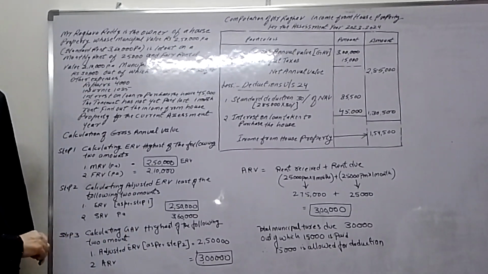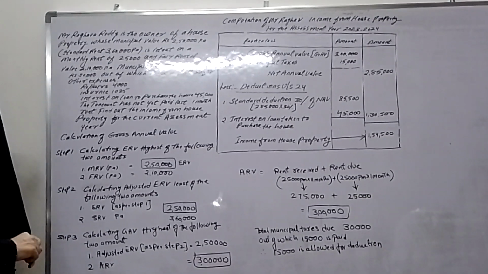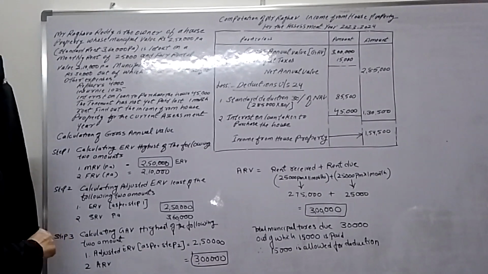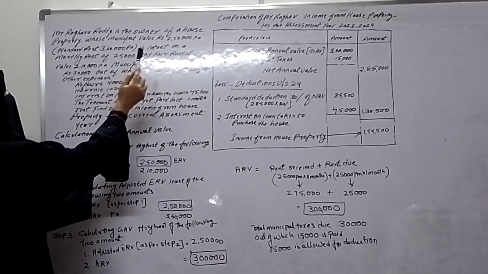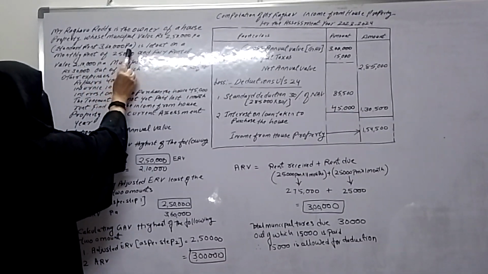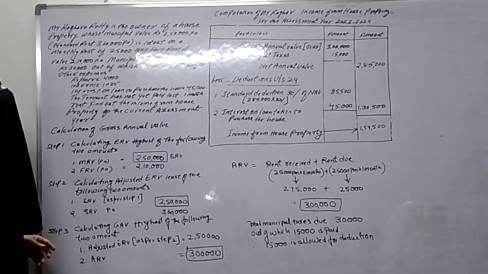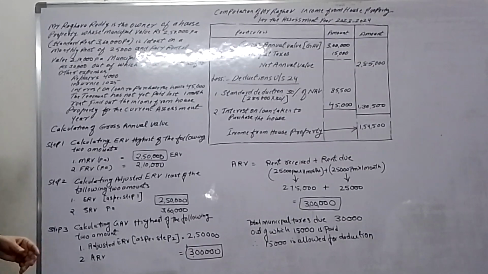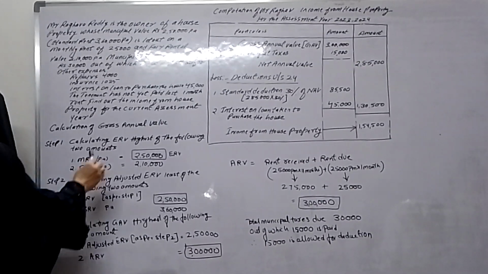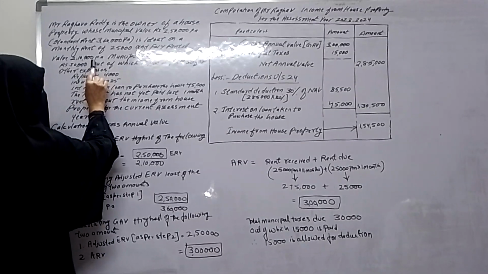Mr. Raghav Reddy is the owner of a house property whose municipal valuation is 2,50,000 per annum and standard rent is 3,60,000 per annum. It is let out on a monthly rent of rupees 25,000, and the fair rental value is 2,10,000 per annum.